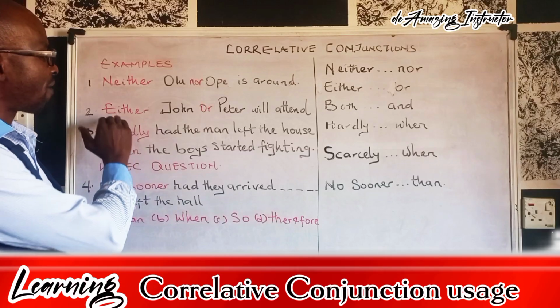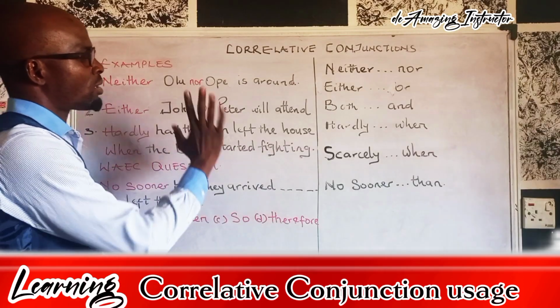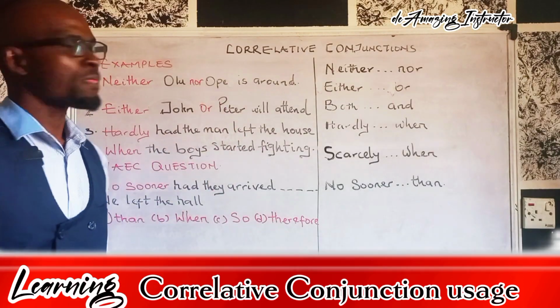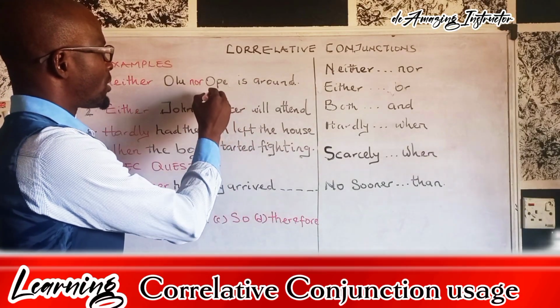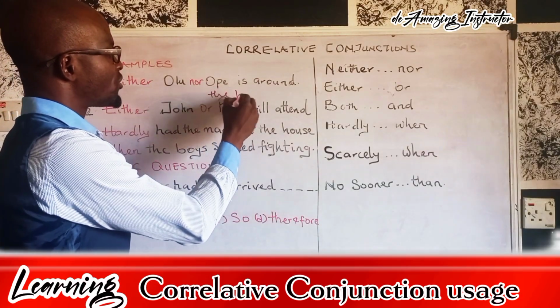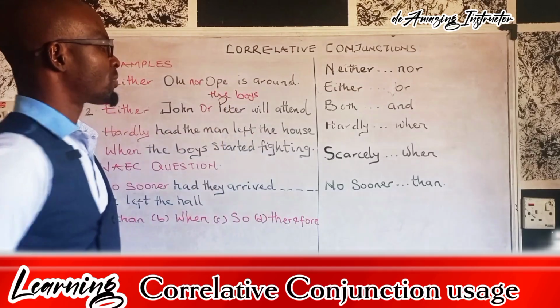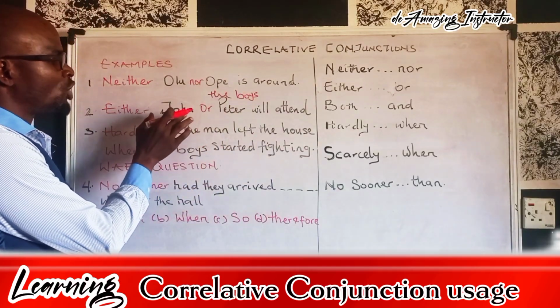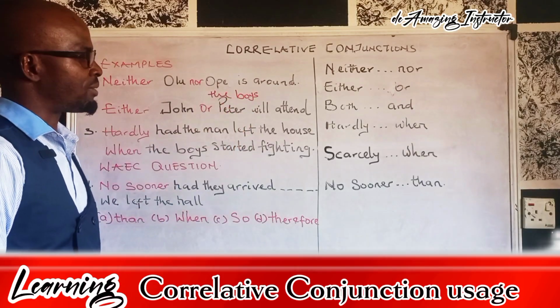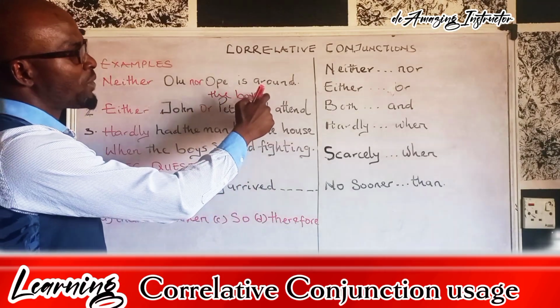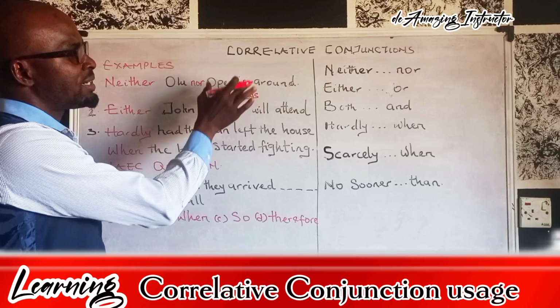For instance, if we have either John or the boys. Now you take note of this. John here is singular. The boys here is what? Plural. Then the verb that must follow this must be determined by what?